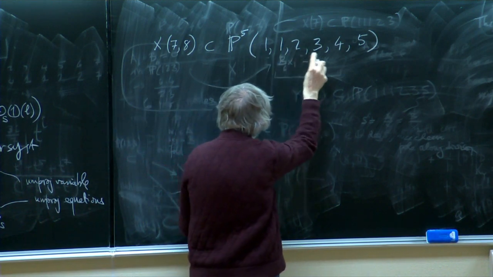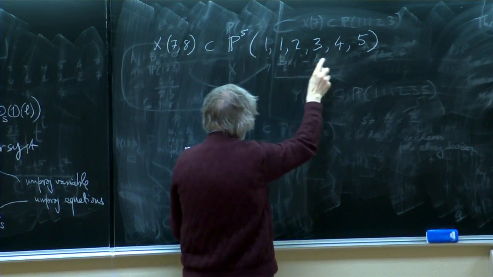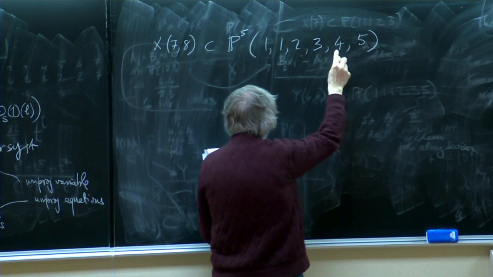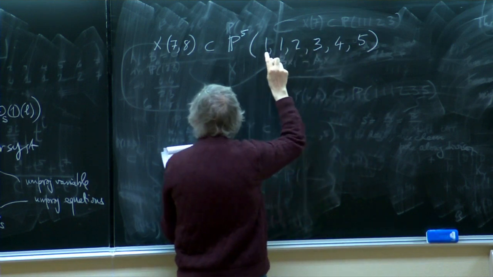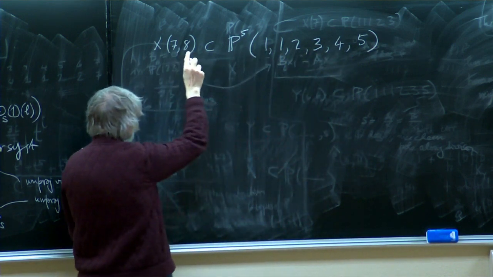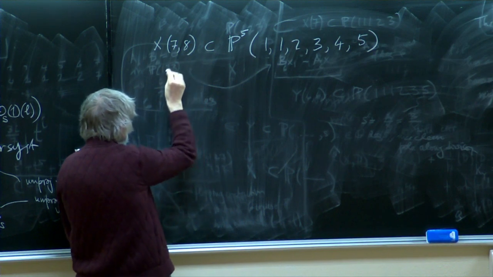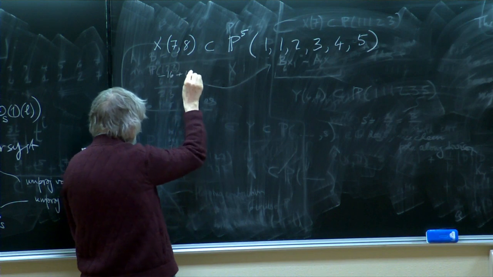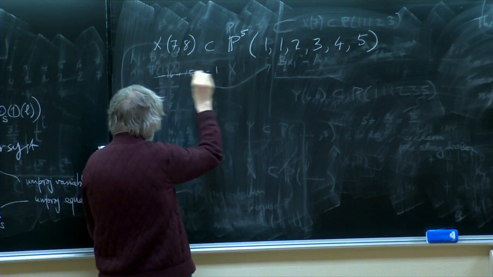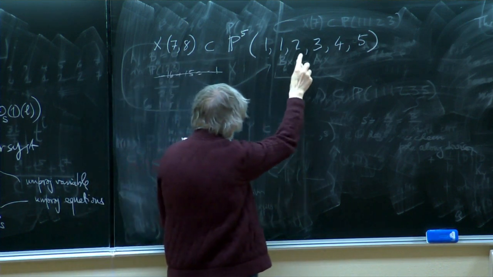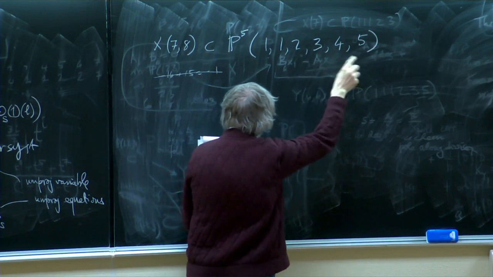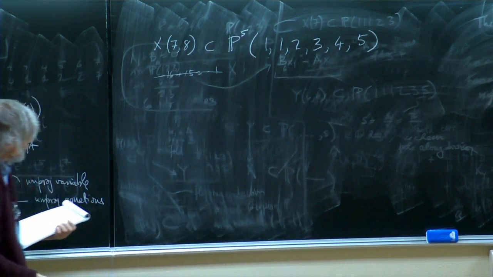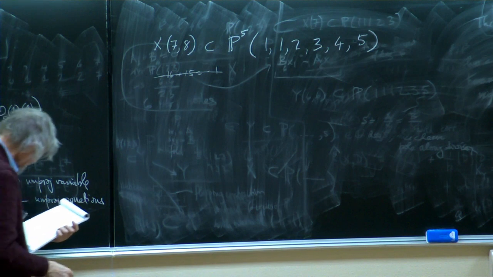This is 1, 2, 3, 4, 5, 6, so it's 5-dimensional. This has got 5, 9, 12, 14, 15, 16. 15 minus 16 is minus 1, so this is Fano, and you have to worry about how singular it is and so on, and you'll find that it's nice.